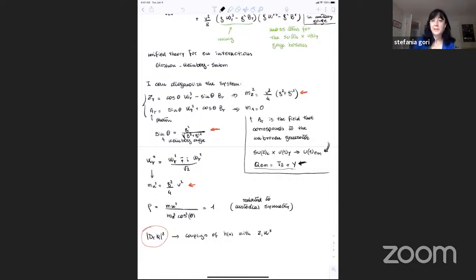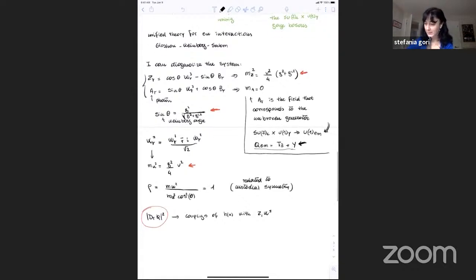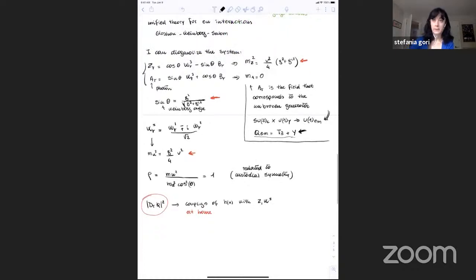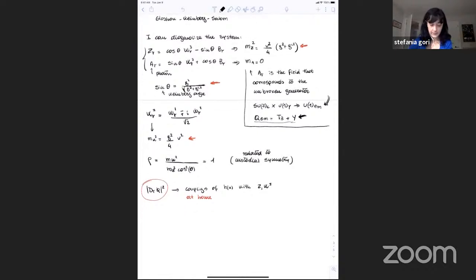And this is a good exercise that we can do at home. I can give you the answer because this is something that I will use in the second part of the class. Namely, what we will obtain are couplings of this type where you have 2 gauge bosons and the Higgs.